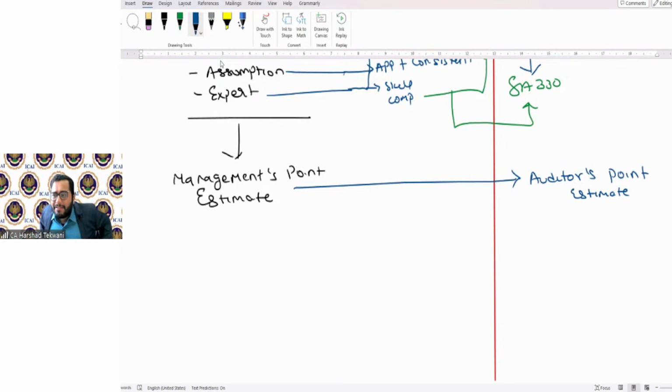I will make another estimate using the same method, same assumptions, same data, and I'll see whether the estimate made by management is appropriate or not. I may also come with an auditor's range. If a point estimate is not possible for me, I'll go for a range. But I'll evaluate the management estimate.